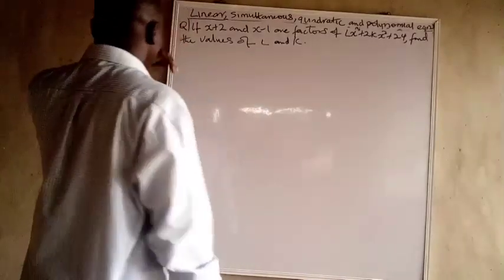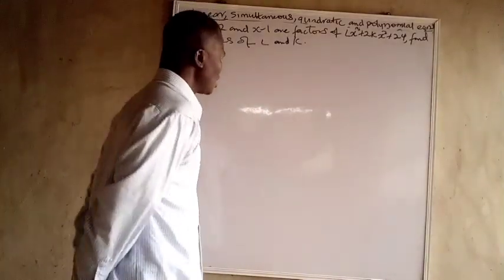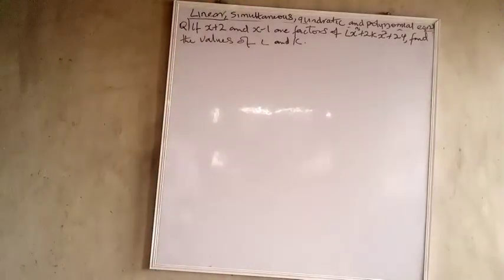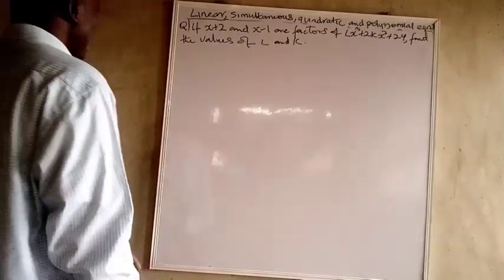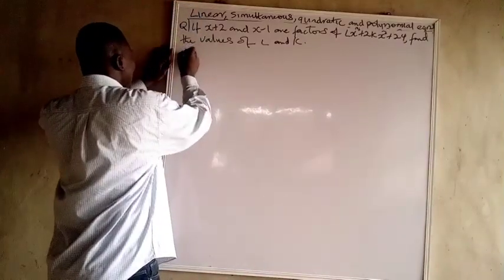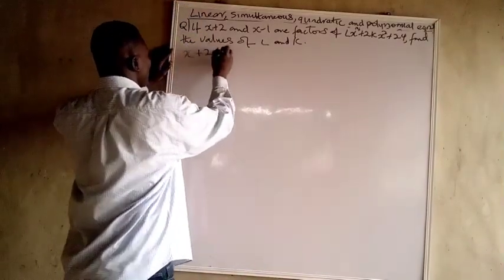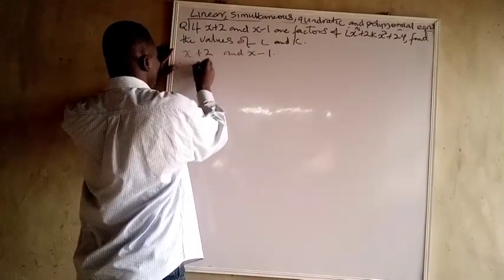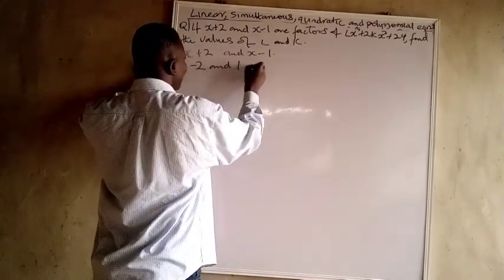The question states, if x plus 2 and x minus 1 are factors of lx cubed plus 2kx squared plus 24, find the values of l and k. So what does that imply? It implies that the factors are x plus 2 and x minus 1. Therefore, minus 2 and 1 are roots.